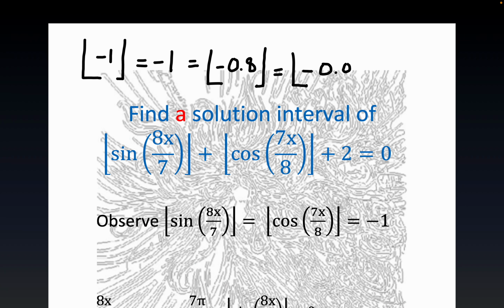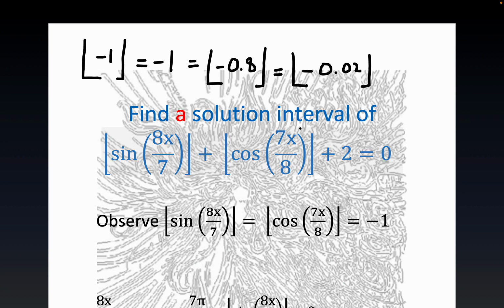Okay, see, even though that's closer to 0 itself, the greatest integer less than or equal to it is still equal to -1 over here, okay? So those are a couple of examples of numerical calculations associated with the floor function.